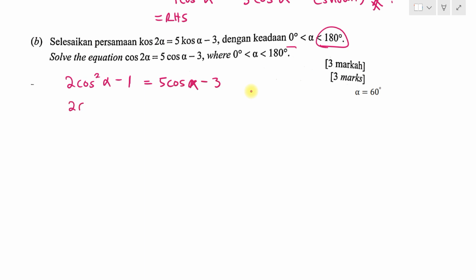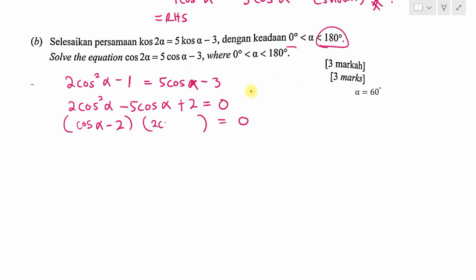Okay, bring everything to the left hand side, minus 5 cos alpha minus 1 and plus 3. This minus 3 go there, plus 3 minus 1 is plus 2. And then we try to factorize this. 2, negative 5 and 2. So first answer is cos alpha minus 2. Second answer is 2 cos alpha minus 1.